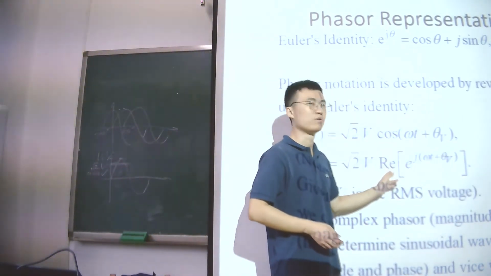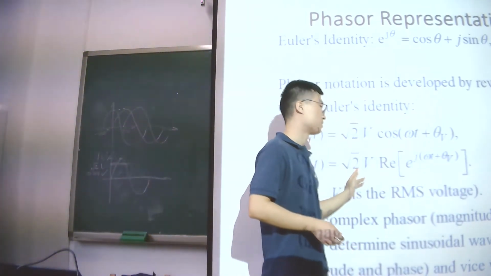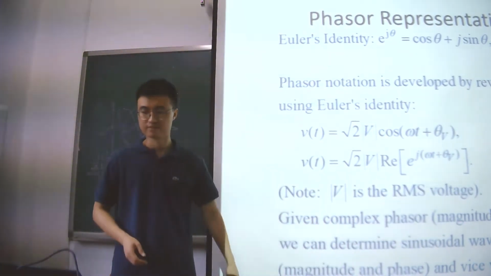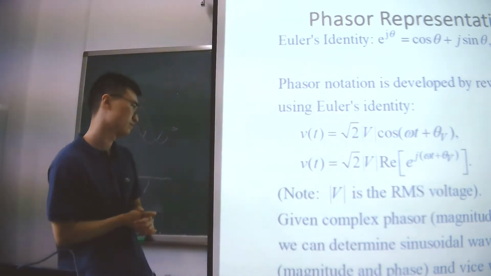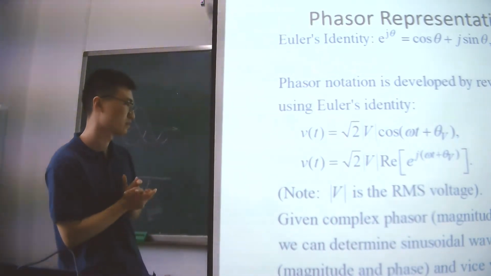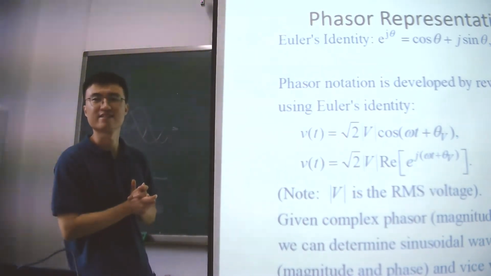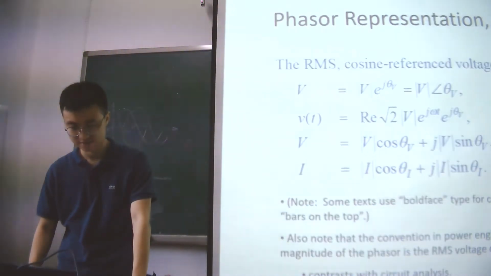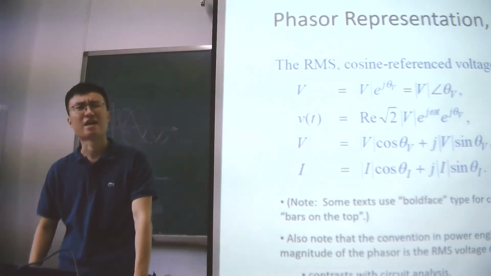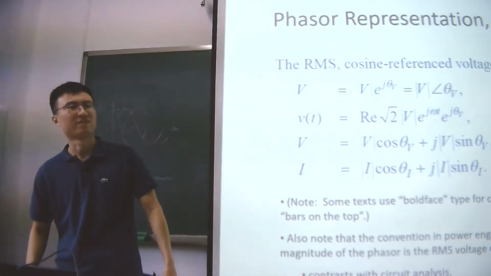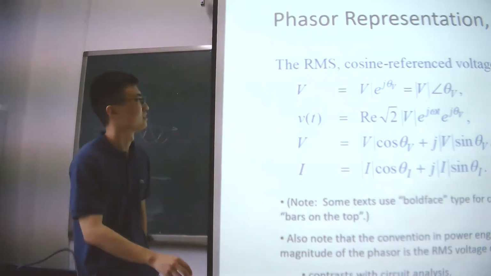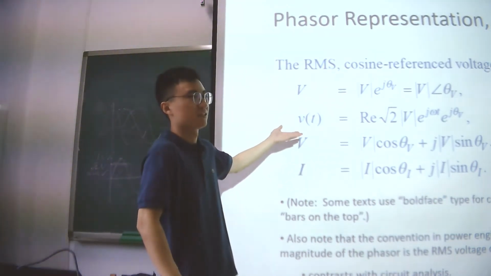These are the two main points of the complex phasor. Okay, you can just have a general understanding. It's okay. You don't need to know every step of how this line comes from.